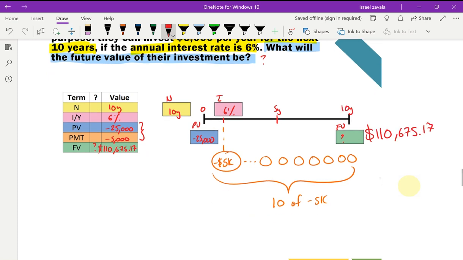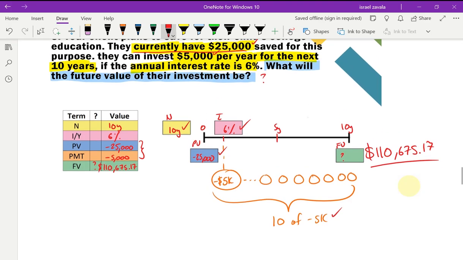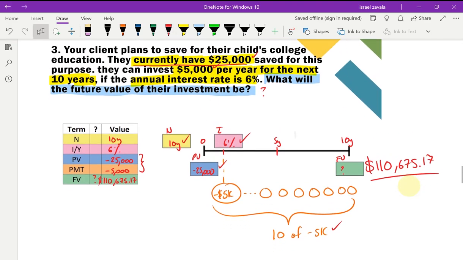Well, it means that after starting off with $25,000, after making 10 payments of $5,000 at the end of each year for 10 years at 6%, then you should expect to have this much in your account after those 10 years. Okay? I hope that's starting to sink in a little bit.